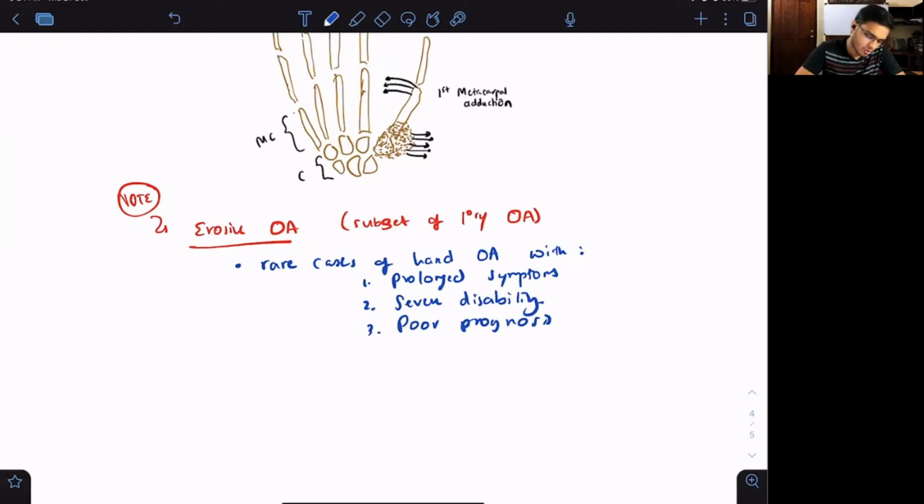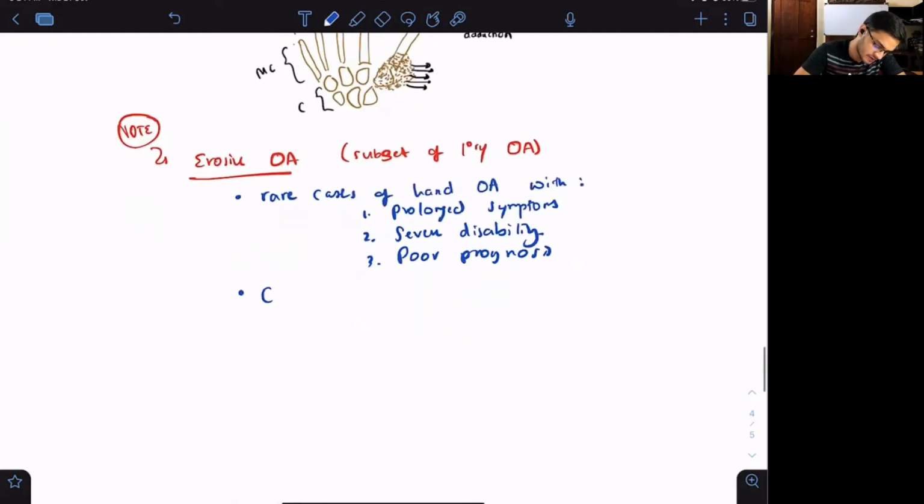Now, what are the characteristic features of this? Characteristic features of erosive osteoarthritis. Guys, don't mix this up with erosive arthritis. Erosive arthritis is different from erosive osteoarthritis.